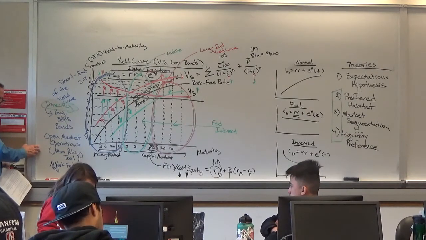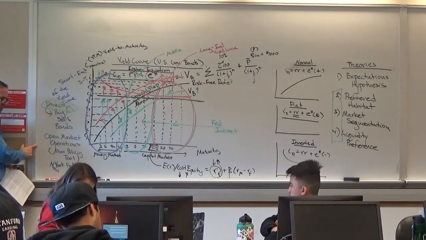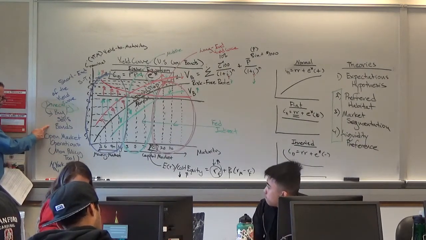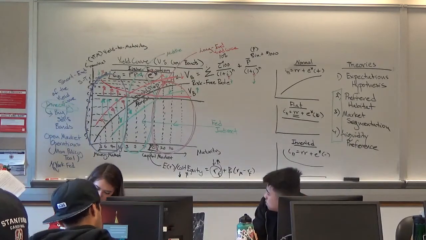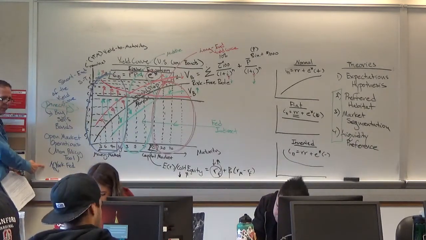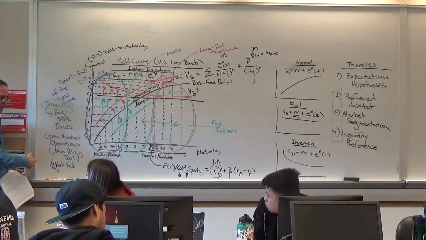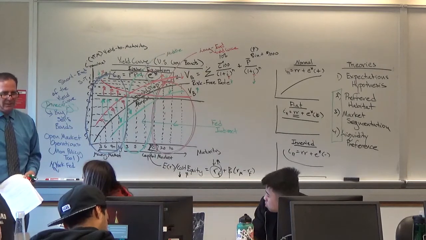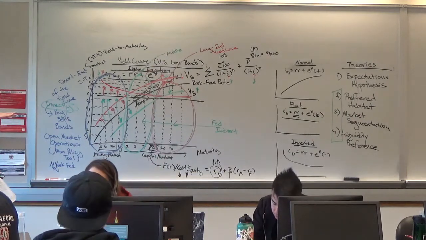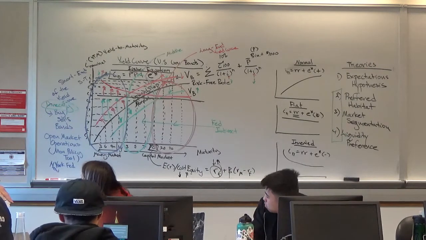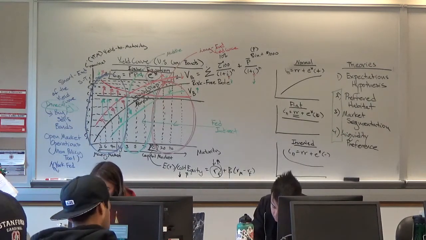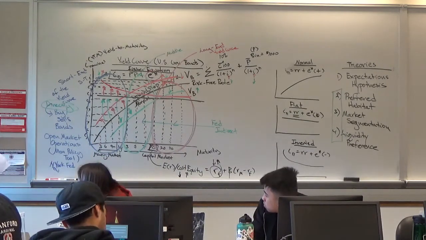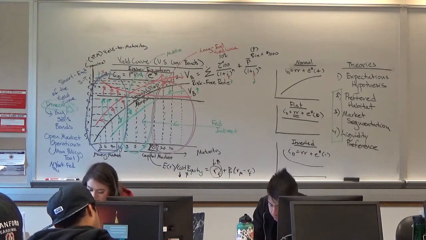So the Federal Reserve uses open market operations as the monetary policy tool to buy and sell bonds in the open market through the Federal Reserve Bank of New York to drive bond prices up, interest rates down, to stimulate the economy. To sell bonds, to drive bond prices down, interest rates up, to cool the economy. So this monetary policy tool is the main tool that the Federal Reserve uses to manage the business cycle.